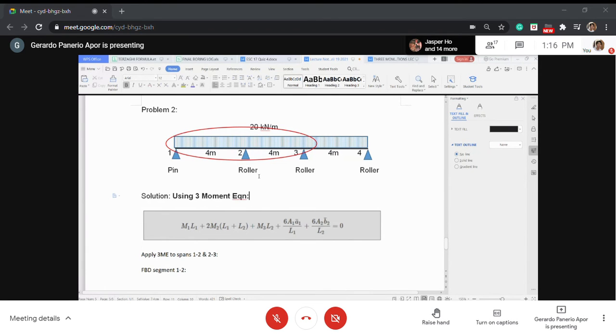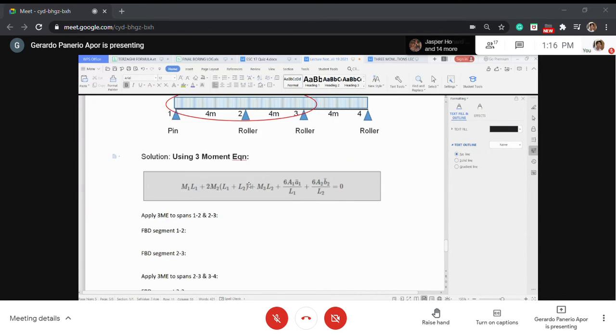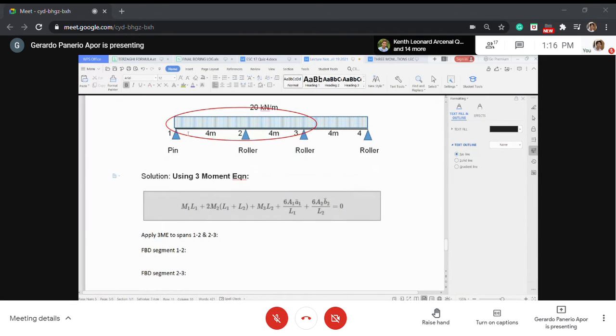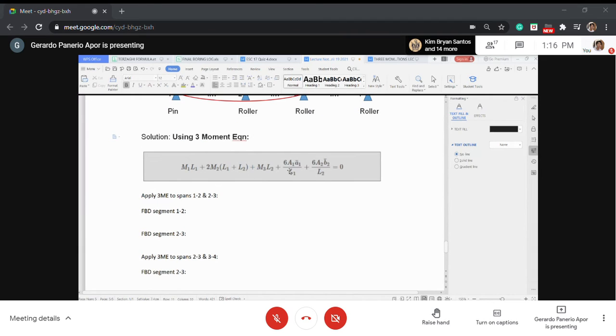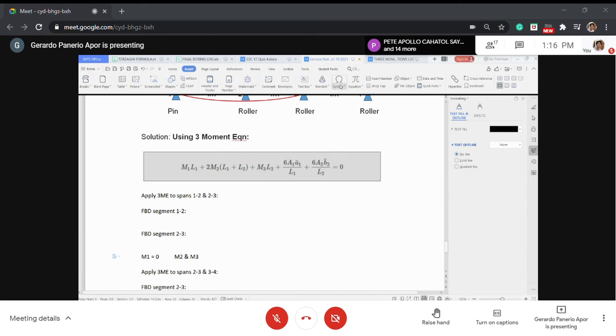So, the steps are the same: you make a free-body diagram of segment 1, 2, and a free-body diagram of segment 2, 3, and then fill in the three-moment equation. Here, you see that M1 is 0, but M2 and M3 are not equal to 0. Therefore, we cannot say that they are 0.